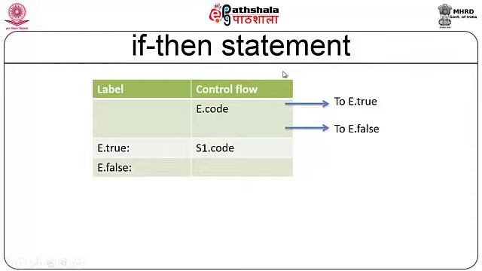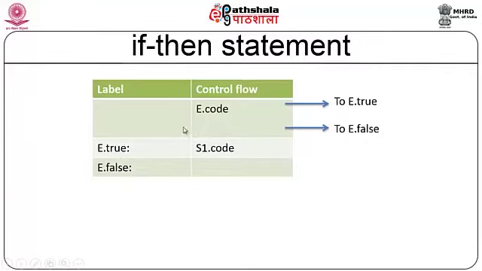Based on that, we generate two labels, one corresponding to the true label and the other corresponding to the false label. You normally have a conditional jump which is part of a Boolean expression, and in that conditional jump, if it evaluates to true, you go to the true label.